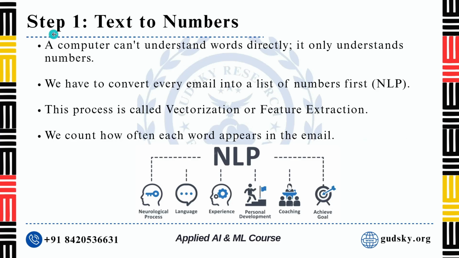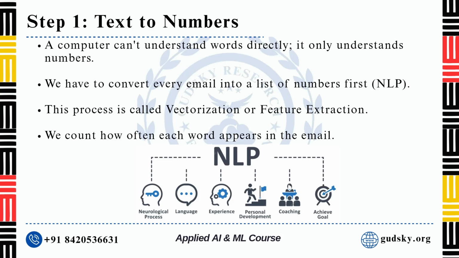So for this, step 1, text to numbers. The single biggest challenge with text data is that computers only understand numbers. So we have to translate. This is the first step in natural language processing, NLP.